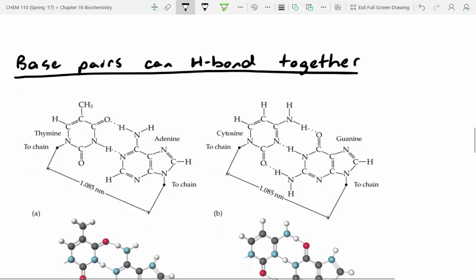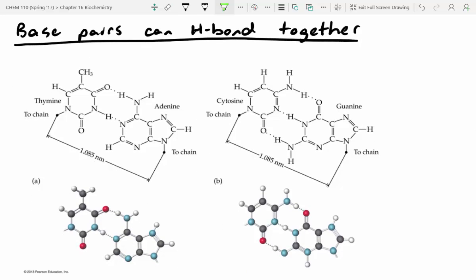All right, so if we look at this one over on the left-hand side, you can see we've got a hydrogen bond here and here. So two hydrogen bonds. This occurs anytime you have a thymine that is adjacent to an adenine, right? So I call this an AT base pair or a TA base pair. It can go either way, right?